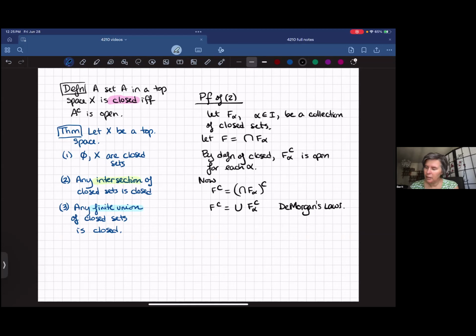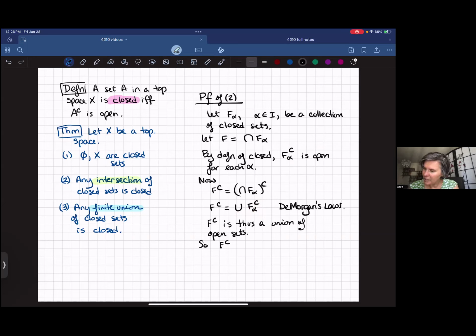Okay. Now, what form does this have? Each F alpha complement is open. I know that each F alpha complement is open. So this is a union of open sets down here. This is a union, and these sets are open. And so F complement is thus a union of open sets. And we know from the definition of a topology that any union of open sets is open.